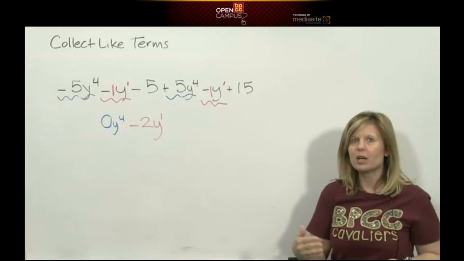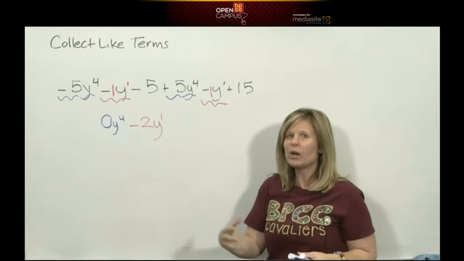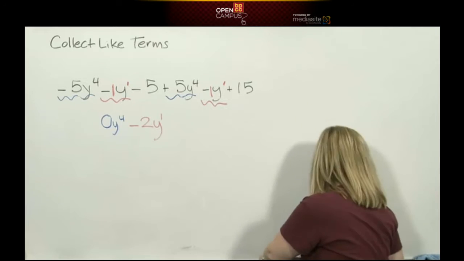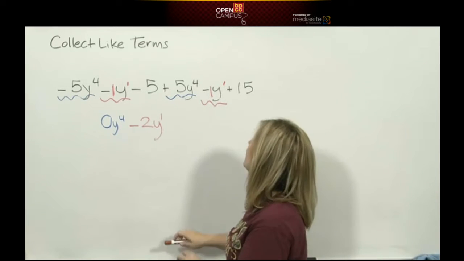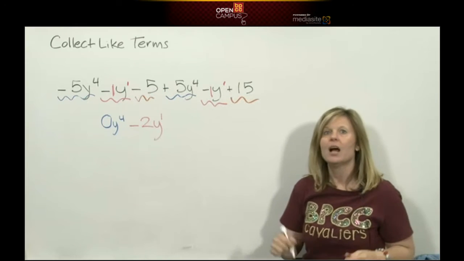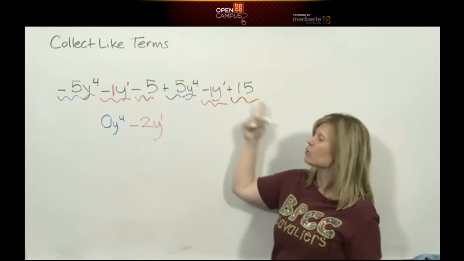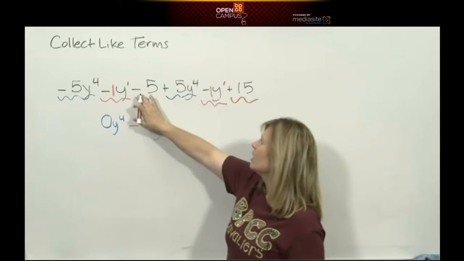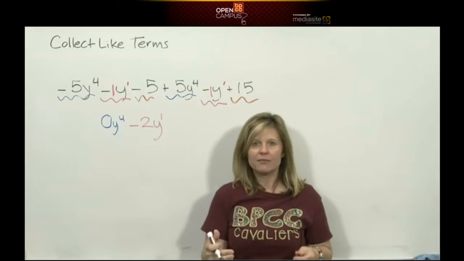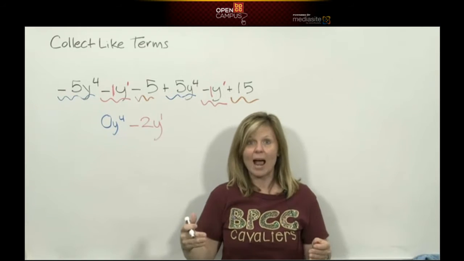After y to the first, we come to y to the 0. Well, we don't write y to the 0 in math. We say that's the constant. So do we have any constants? We sure do. We have a negative 5 and a positive 15. Again, how are we deciding whether to add or subtract? We're looking at the signs. That 5 is negative. That 15 is positive. If they're different signs, you subtract.